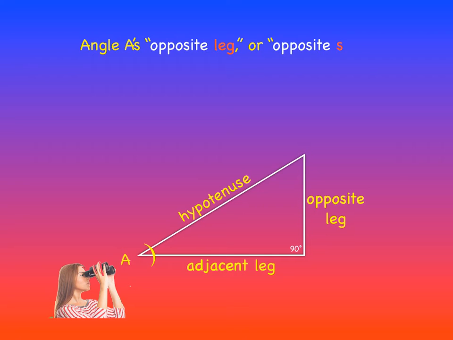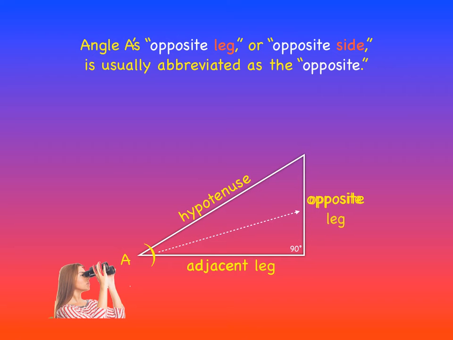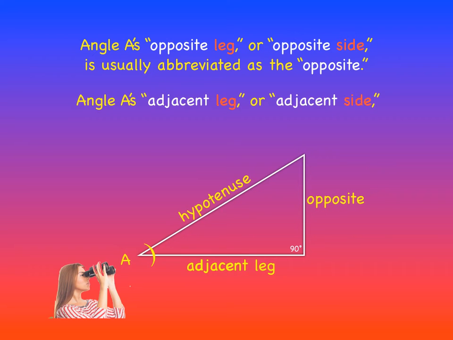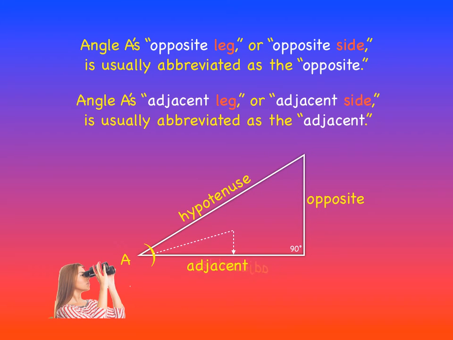Angle A's opposite leg, or opposite side, is usually abbreviated as just the opposite. Angle A's adjacent leg, or adjacent side, is usually abbreviated as just the adjacent.